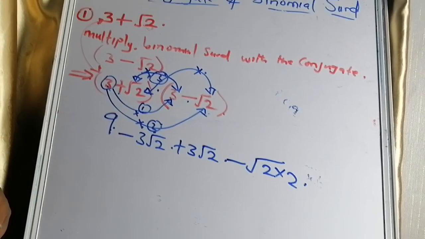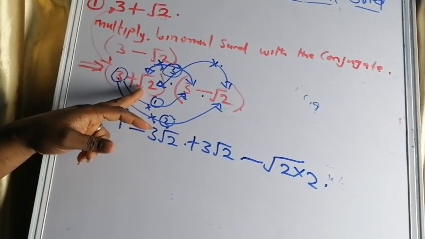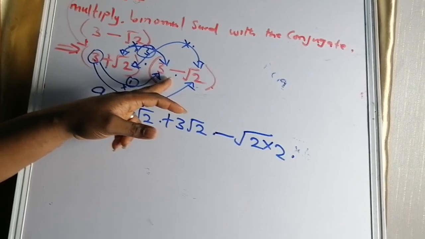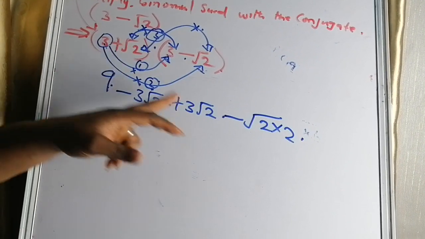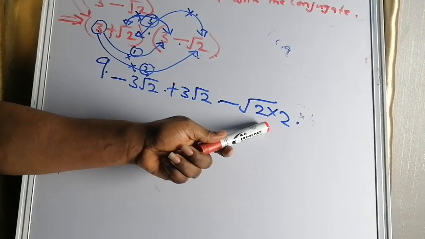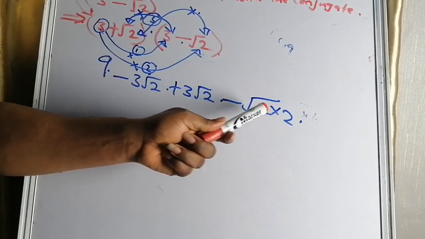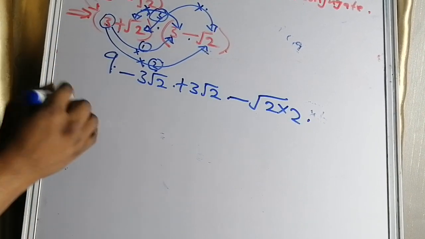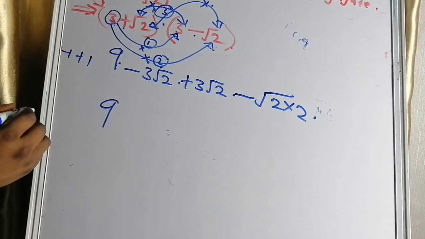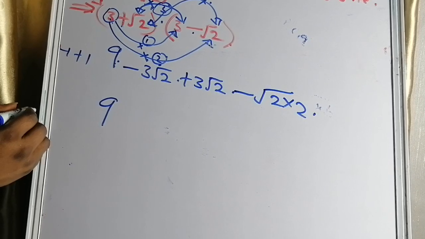This one will now be multiplication: root 2 times minus root 2. Plus times minus is minus. Then 2 times 2 is 4. Root times root is root, so that's how you pick one root. Then that will now be 9. Don't forget, I said minus 1 plus 1 will be equal to 0.